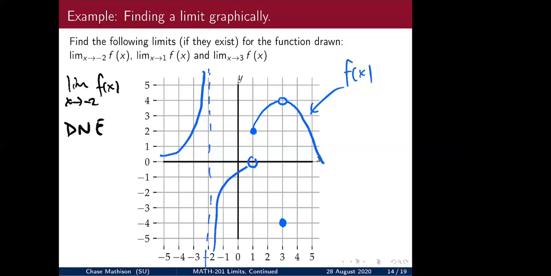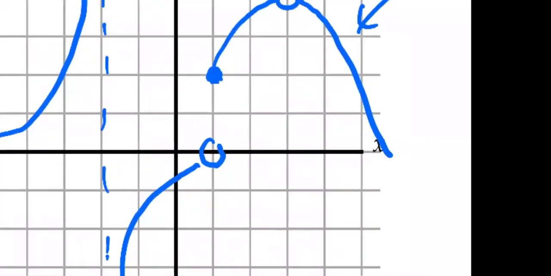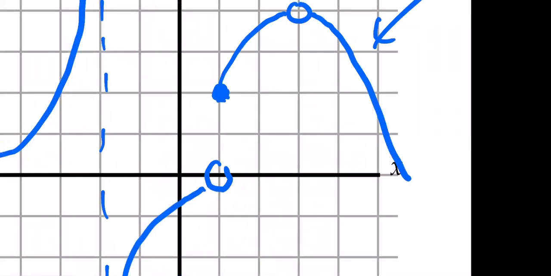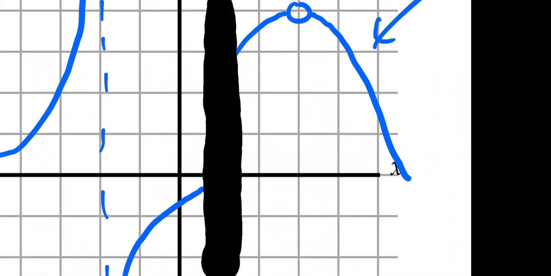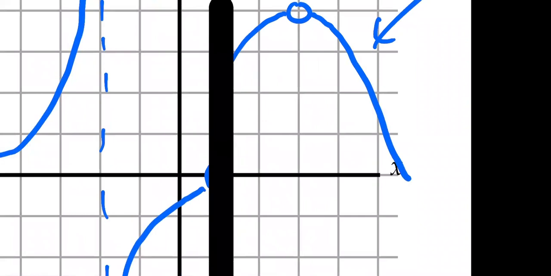Okay, what about the limit as x approaches 1 of f of x? Well, that's that part of the graph there. Does not exist also, correct. Because if I cover up what's actually happening, well, from the left, I'm approaching, it looks like 0.